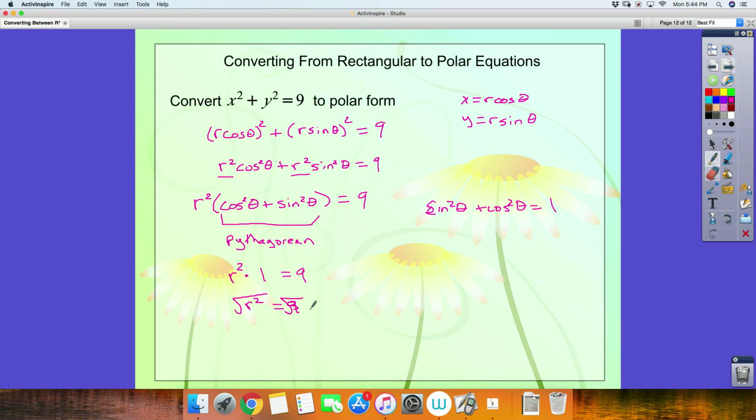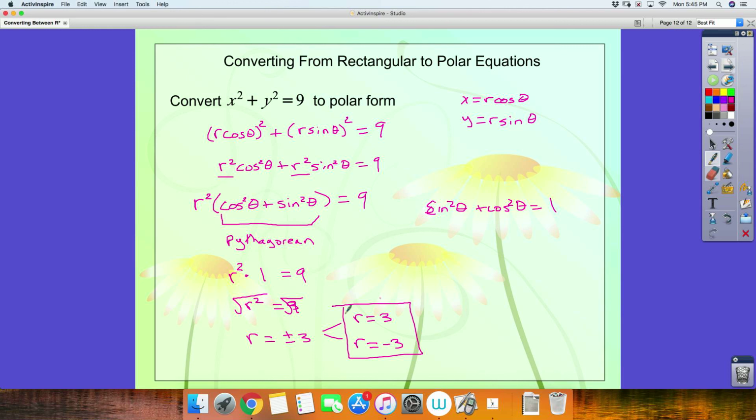And then we're going to square root it, and we get r equals plus 3 or minus 3. So we will give two answers. We'll say that r could either be a positive 3 or r could equal a negative 3. And those are our two answers.